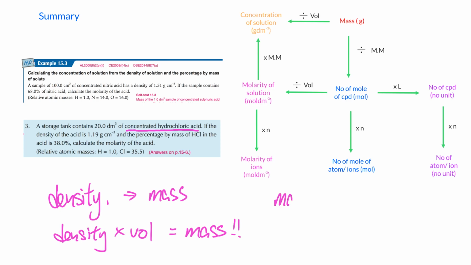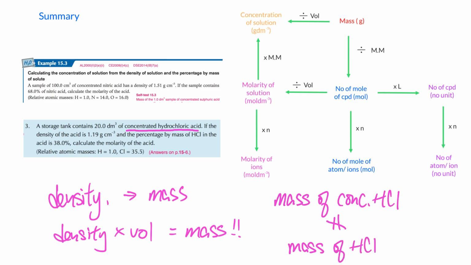So the mass of conHCl is not equivalent to the mass of HCl. Because just imagine, the mass of conHCl, we're talking about all the things. But within it, maybe only part of that is HCl. So that will be HCl, while the other one will be conHCl. So that is the difference.